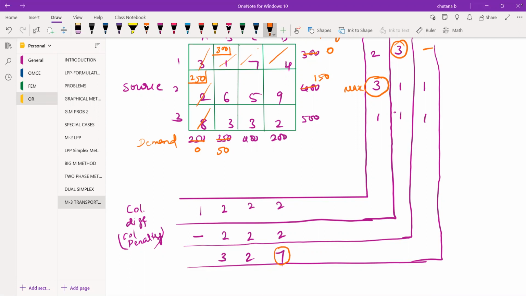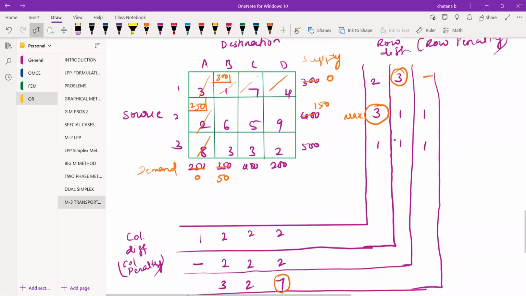According to that, D is the column where you need to allocate, at the minimum cost, which is 2. Supply or demand? Demand. This is 300 which is remaining. Here 0 is remaining. So again you are getting 0 in this column.